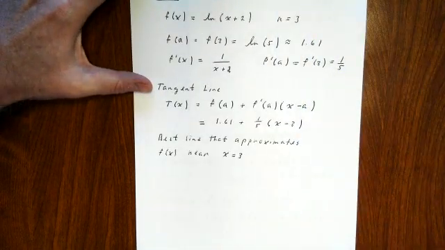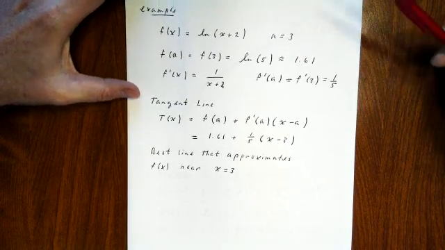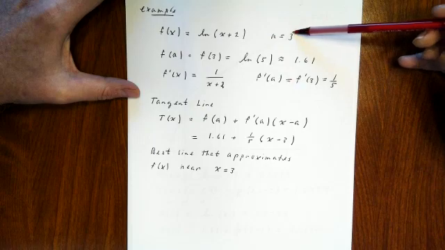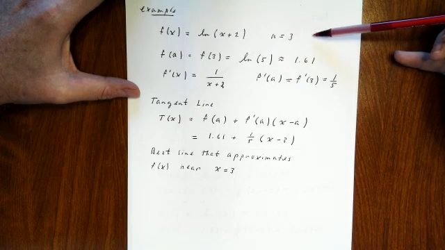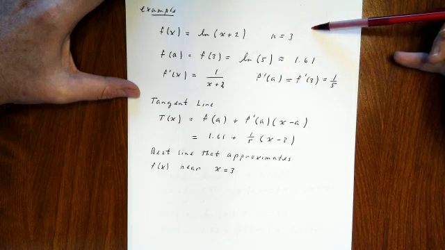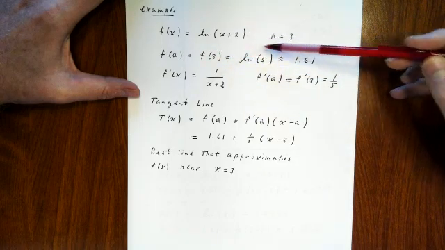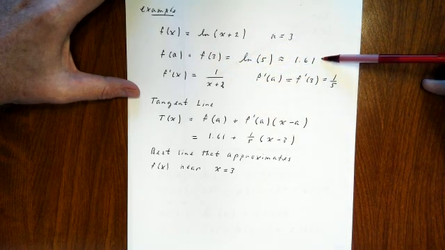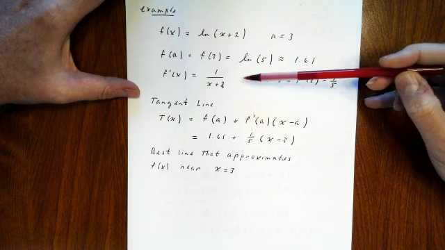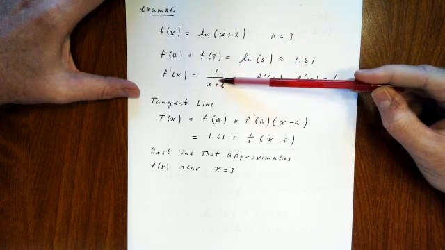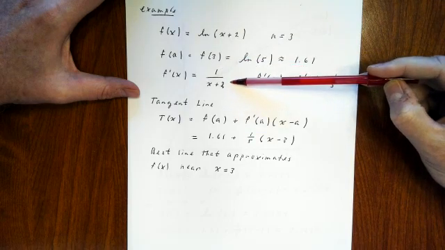Let's take a look at an example. Suppose we have the function f of x equals the natural log of (x plus 2), and we'll focus on a equals 3. Let's find the equation of the tangent line to f at 3. If we plug 3 into f, we get the natural log of 5, which I'll approximate as 1.61. If we want f prime, the derivative of the natural log of (x plus 2) is 1 over (x plus 2).